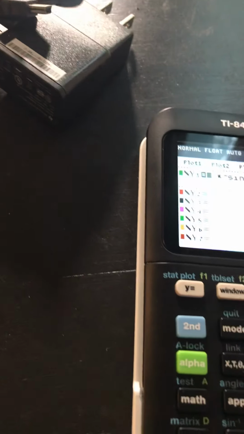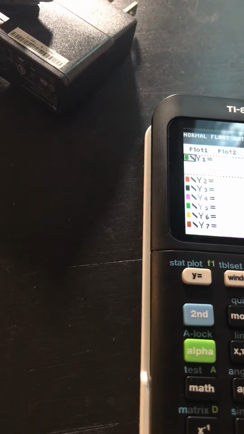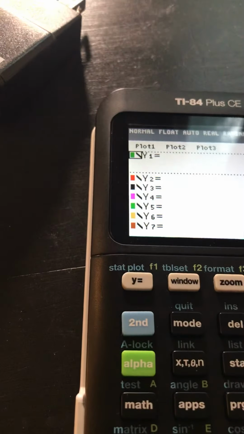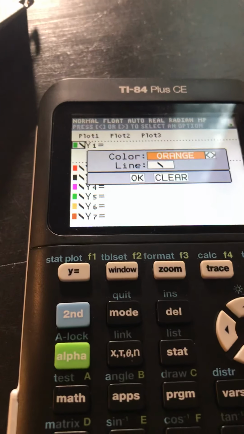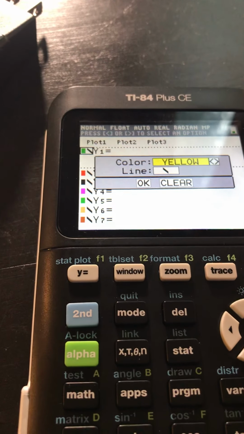All right, question 5 is back to first derivative. I'm going to change my color back to blue.